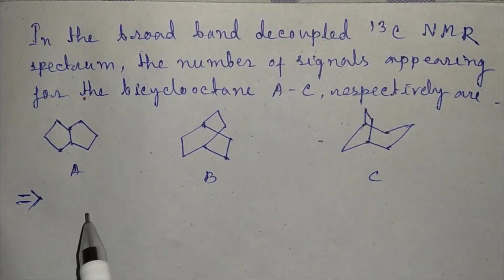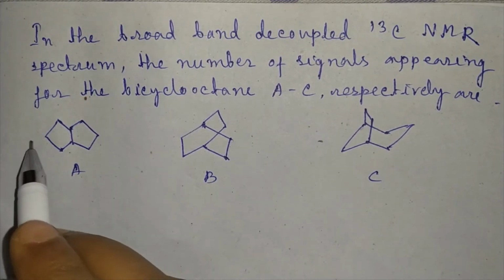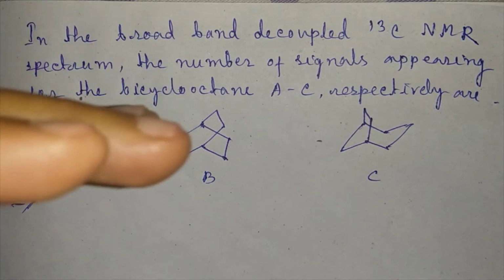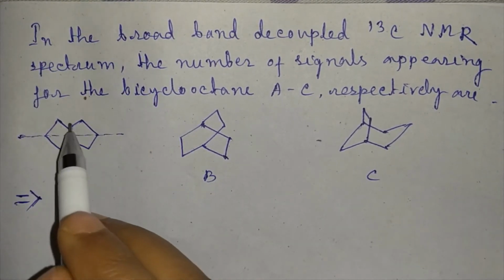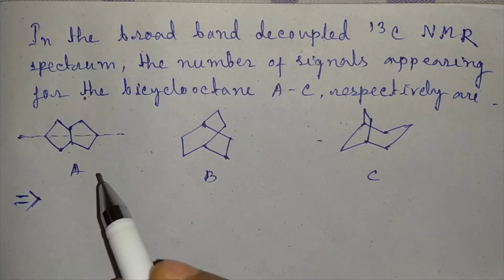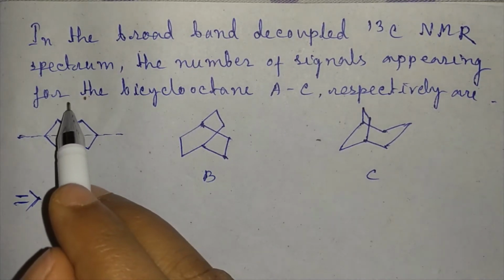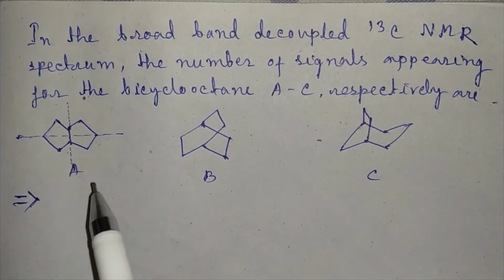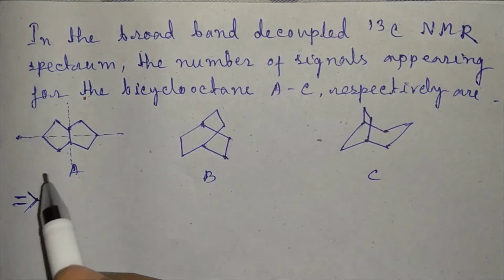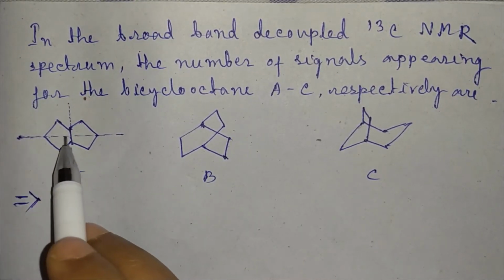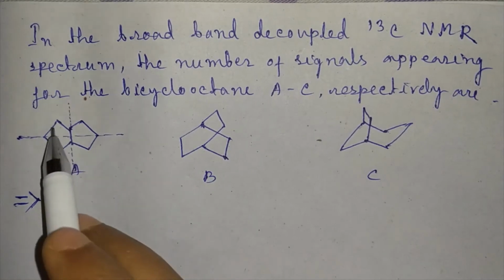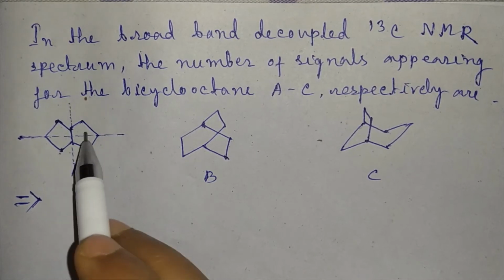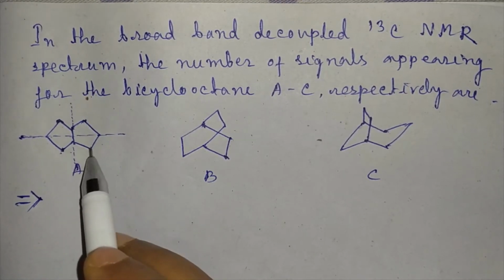In this molecule A, we can pass a plane in this way that will bisect the molecule into two equal halves, and we can pass another plane along this bond that will also bisect the molecule into two equal halves. When we pass this plane, this carbon atom and this carbon are similar, whereas these two carbons are also similar.